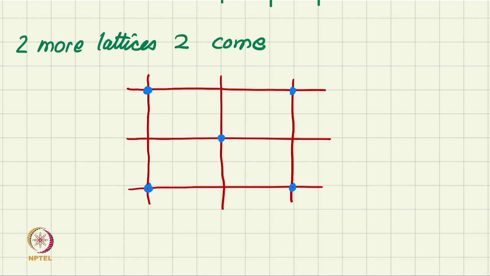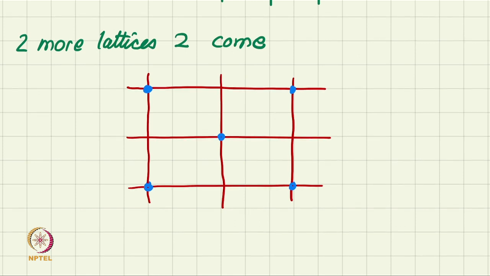Now if you see, these lines are glide lines, because you can translate this lattice point by b by 2 and then reflect in this dashed line. So, you will reach this lattice point, the central lattice point.